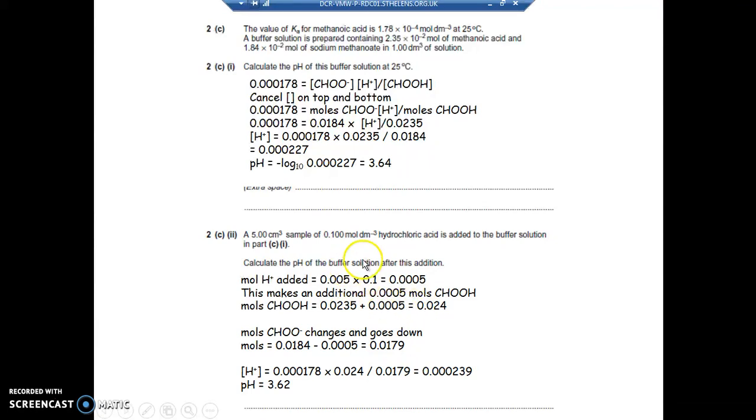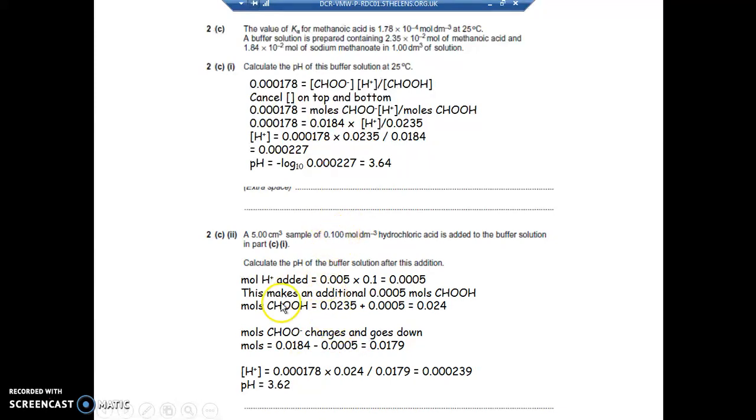When the acid reacts, it reacts with this, CHOO minus. It reacts with this, and that goes down by the same amount. It was 0.0184, and now it goes down by 0.0005.